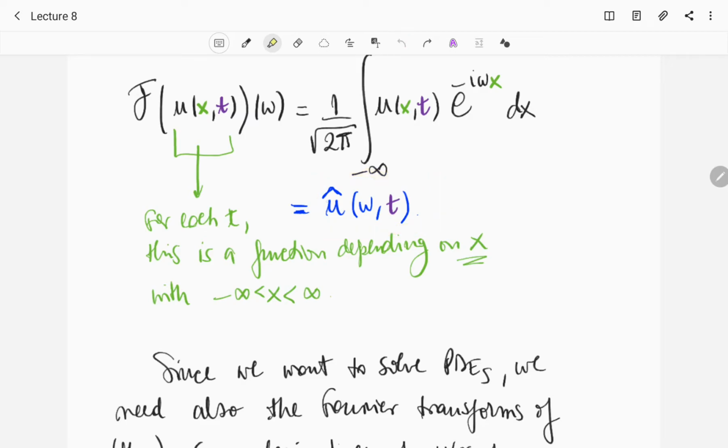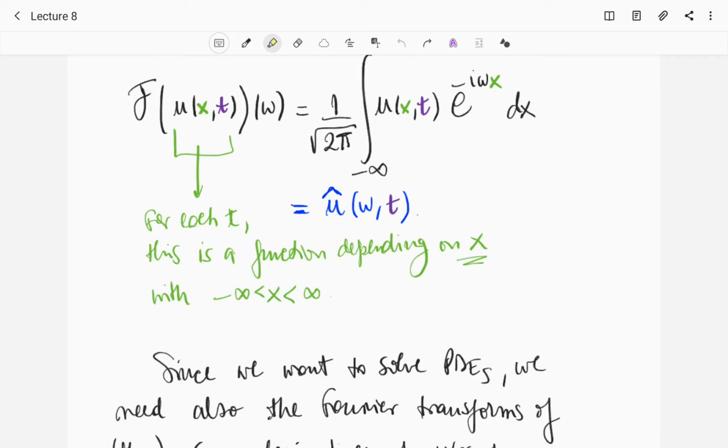So it's u hat of omega, t. Remember that here, when we have a function of x and we Fourier transform, then the transform depends on the variable omega. At least we are using this notation. And this t, notice that it doesn't change because here it is meant not as a variable, it's just a fixed t.